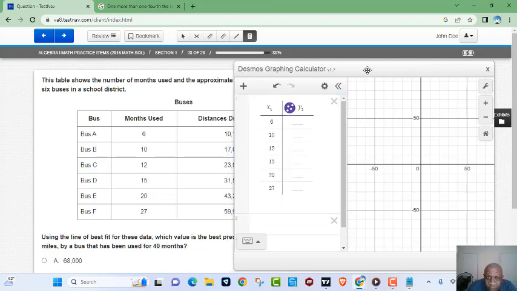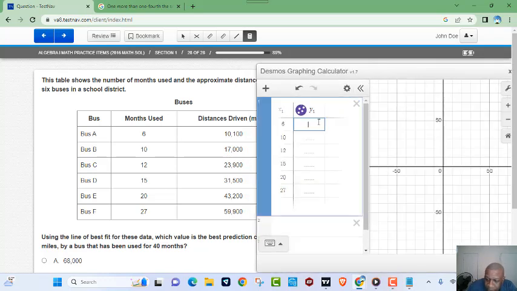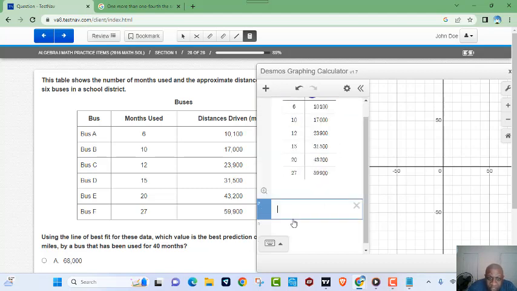And our Y values are 10,100, 17,000, 23,900, 31,500, 43,200, 59,900. Okay, so we've got all of those in, and now it said line of best fit.